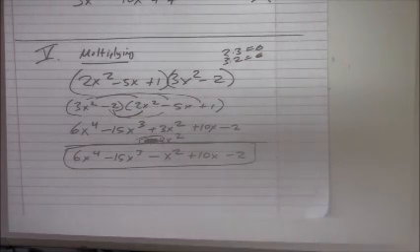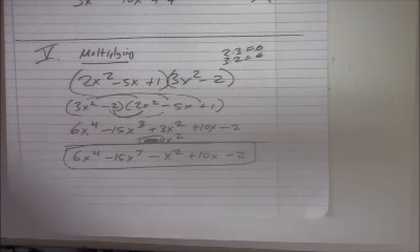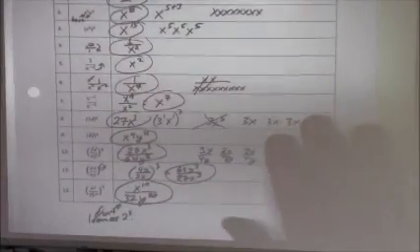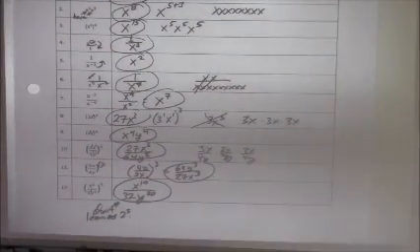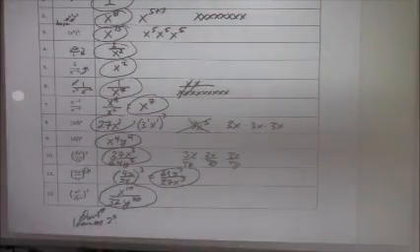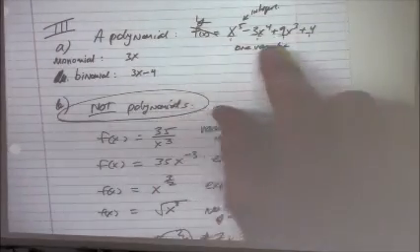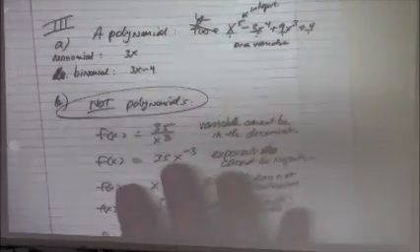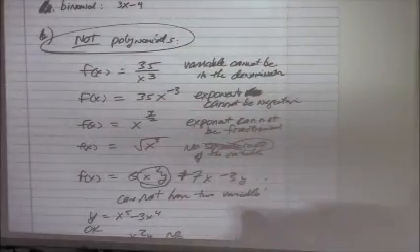All right. So what you have seen in this lesson, let's go back to the beginning of it. You have seen a reminder about the properties of exponents and how to use them. Okay. Then you have seen about monomials, binomials, and what polynomials should look like, and what things are not polynomials.